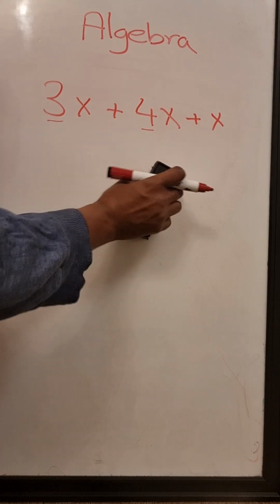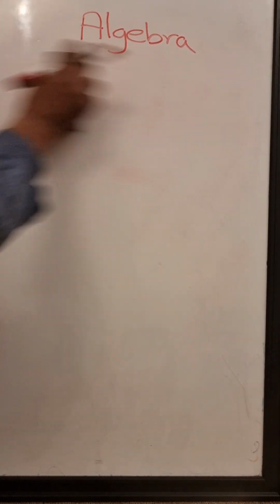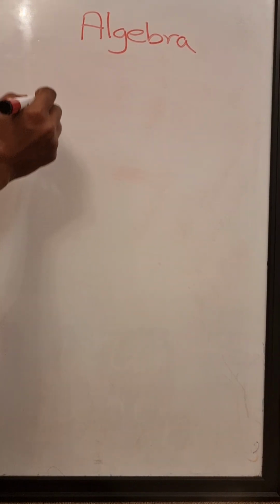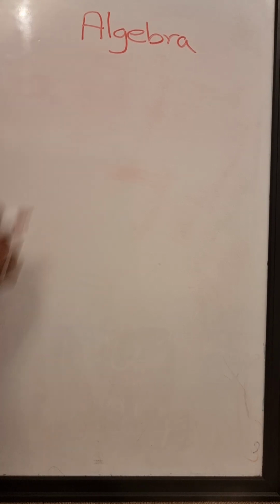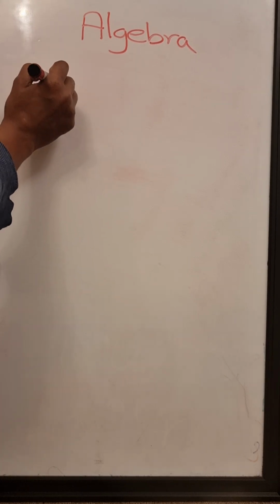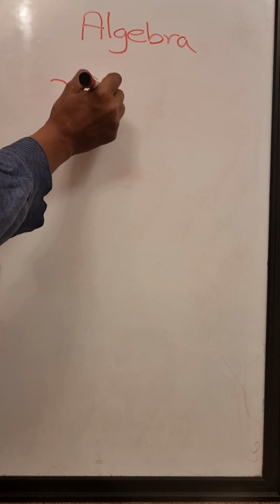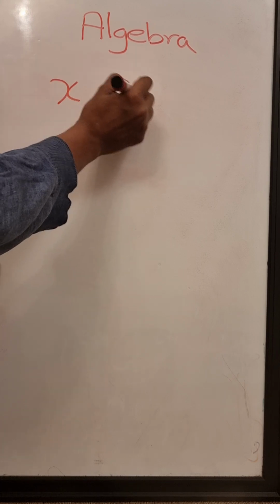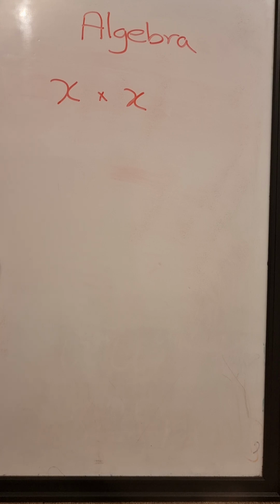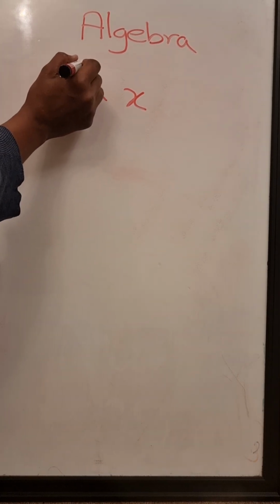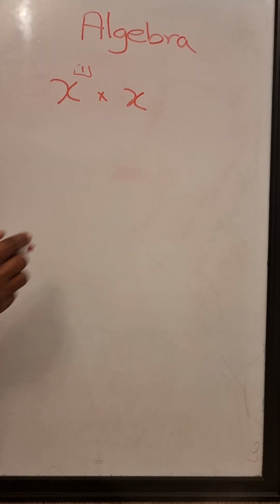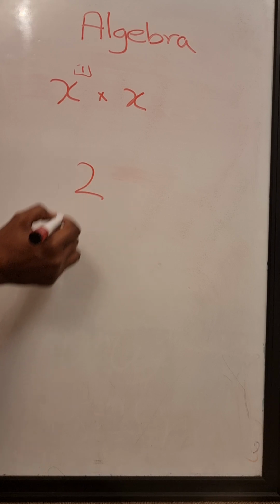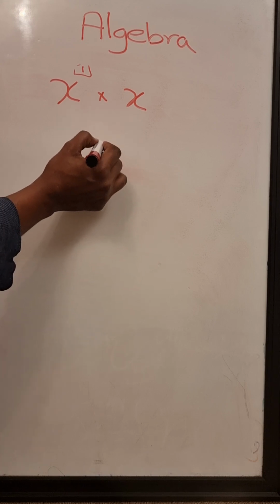This is different from multiplying. If I multiply x times x, we know that x is to the power 1, even though we don't specify it. If I say 2, we know obviously 2 is to the power 1.